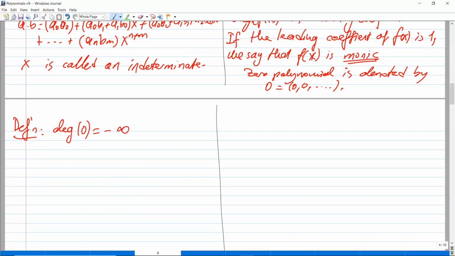It is convenient to define it as minus infinity. Note that the degree of f is 0 if and only if f of x is a constant, where this constant is not 0. So that agrees with the definition we gave above. So here's a proposition.